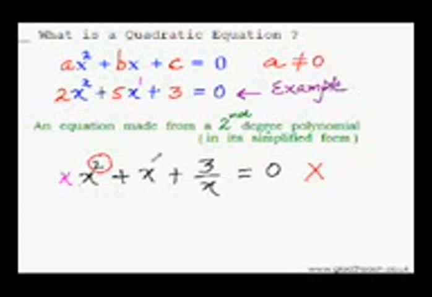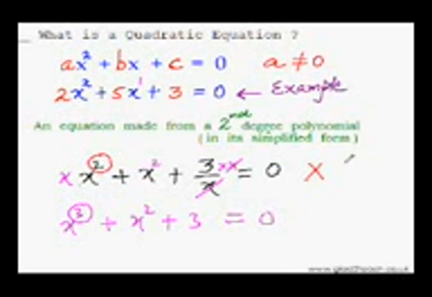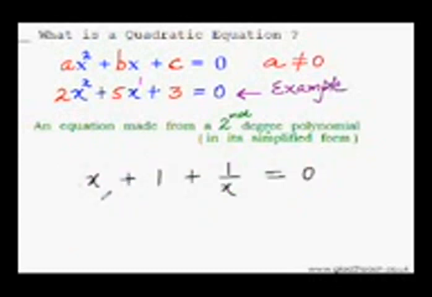X multiplied with this x will make it x squared, and if we multiply this x here, it will cancel this denominator. X times x squared is x cube plus x squared plus 3 equal to 0. Now it shows its true color. Yes, this one is a cubic equation of third degree. Thus, it is not a quadratic equation.